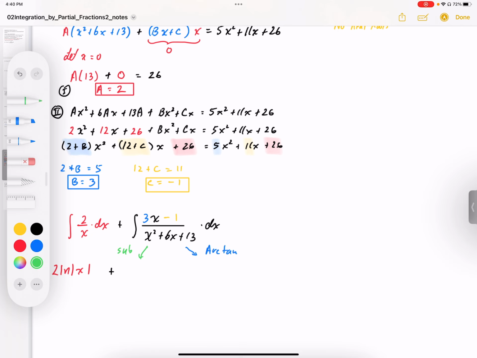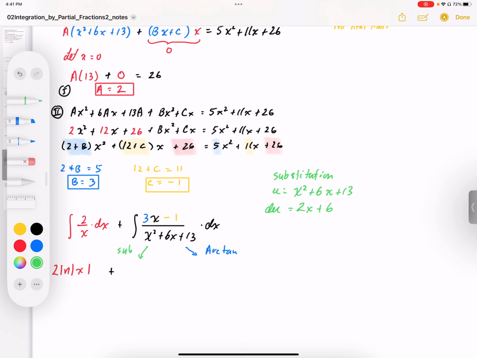So the substitution: we're going to let u equal the denominator, x squared plus 6x plus 13. And then we're going to work out my du. du is equal to 2x plus 6.